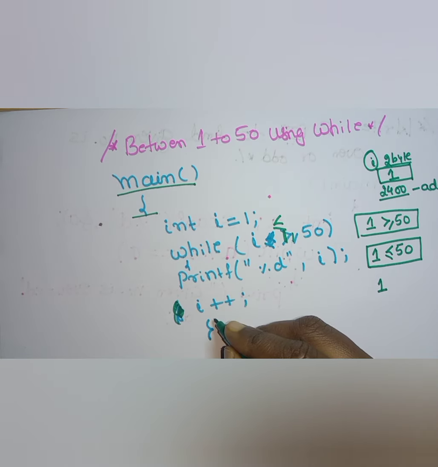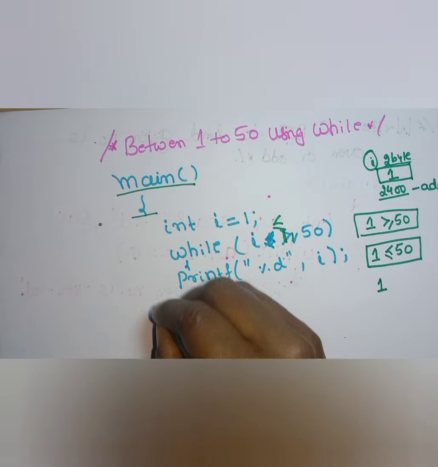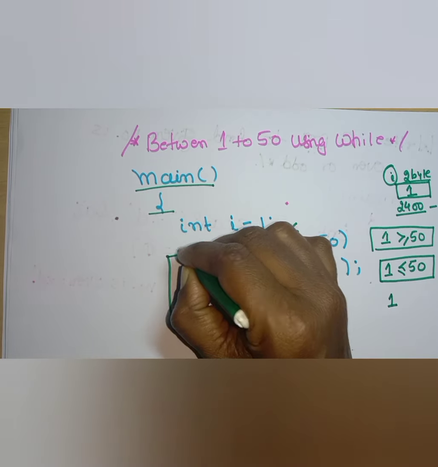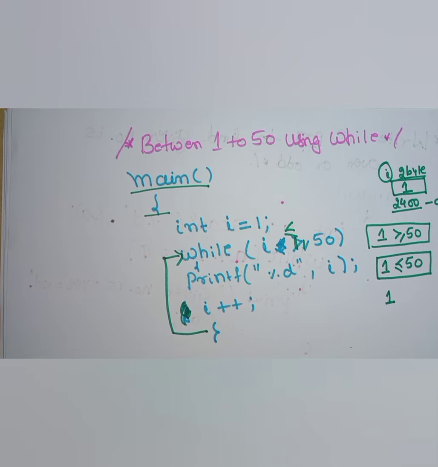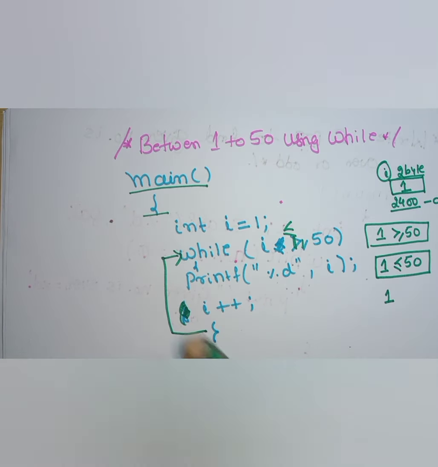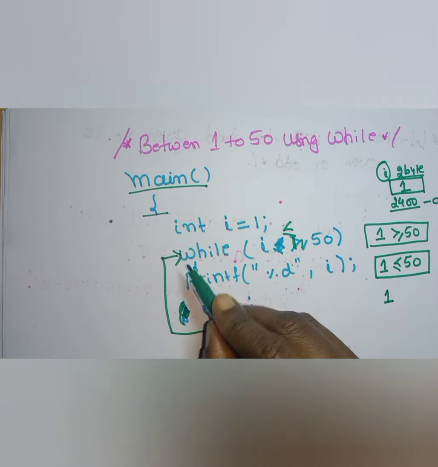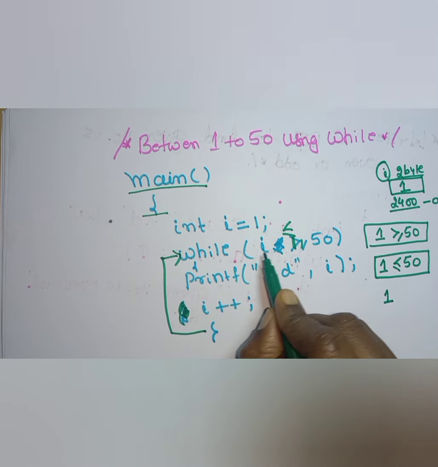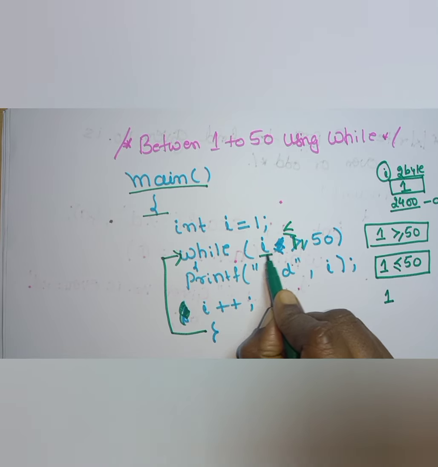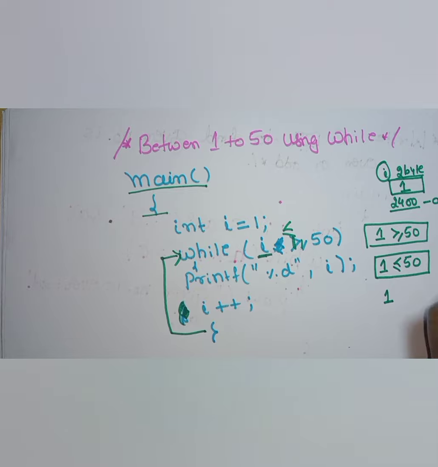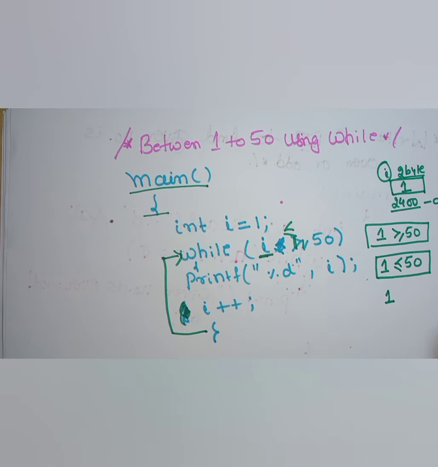Okay, what happens here? It is not going to end the while loop. Once again your loop goes to check the condition here for the while. Okay, it checks the condition. In this condition here, your i value is equal to 2. 2 is less than or equal to 50.